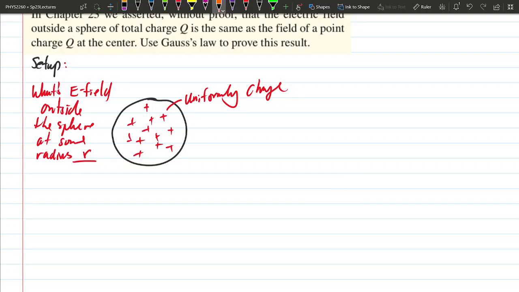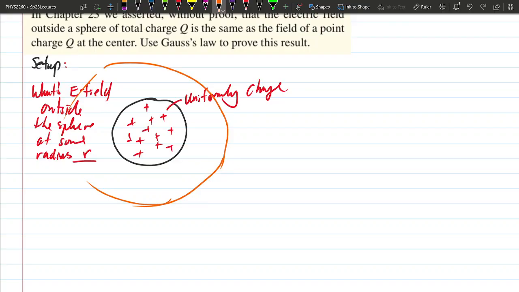The first thing I'm going to do is think about what Gaussian surface will respect the same symmetry as this charge distribution. We have a sphere of charge, so we want a spherical Gaussian surface. So I'm going to draw a sphere around it. I'm not going to shade in the rest of it, but this is kind of like the edge of the sphere, just a two-dimensional projection.